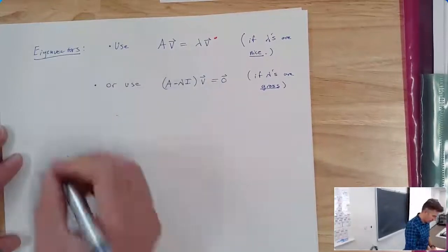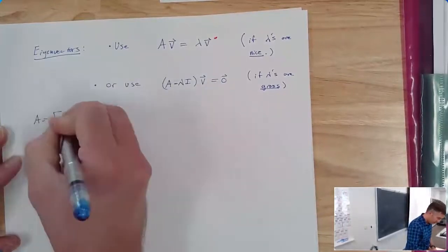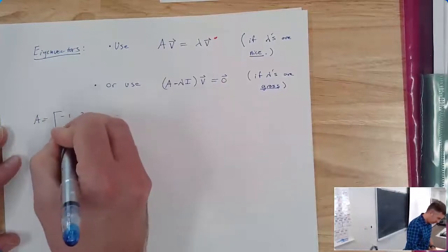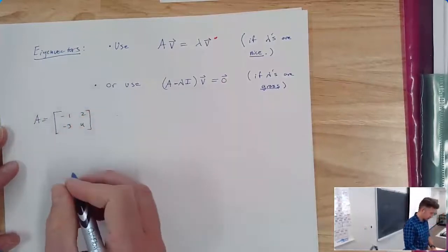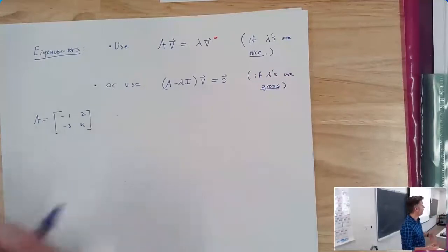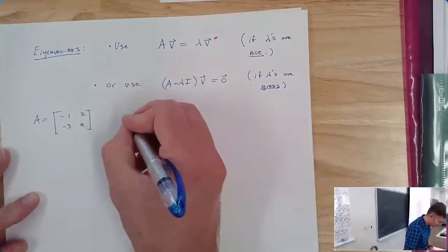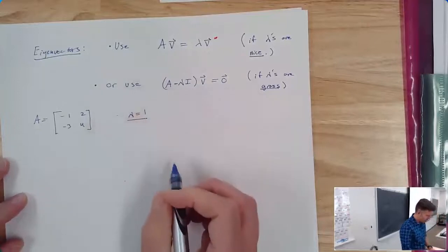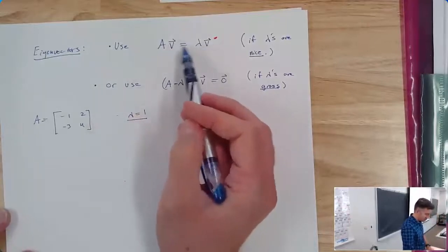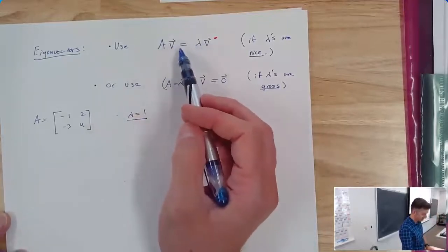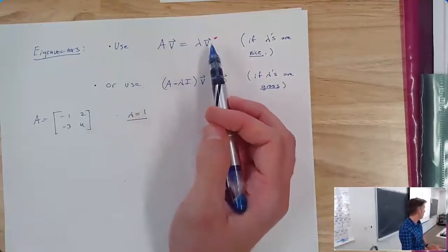So we're going to take our matrix, which was -1, 2, -3, 4, and our eigenvalues, which were 1 and 2, and find both eigenvectors. So each distinct eigenvalue should have its own eigenvector. So for lambda equal to 1, all we're going to do is take this equation, A times the vector equal to lambda times the vector, and solve for the vector.